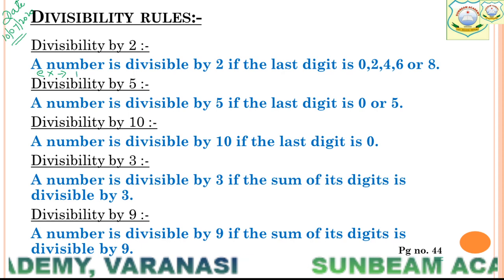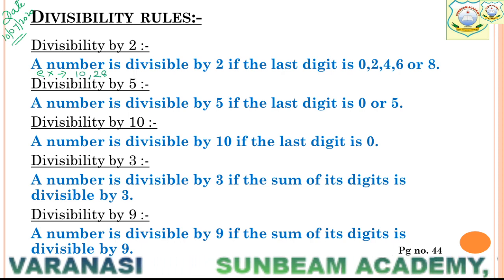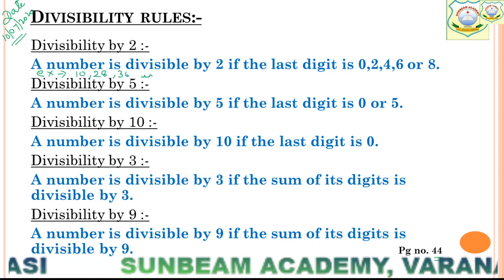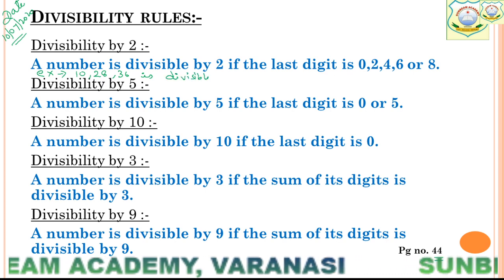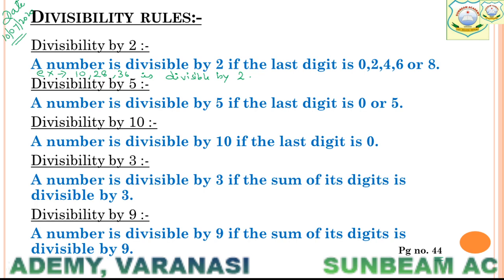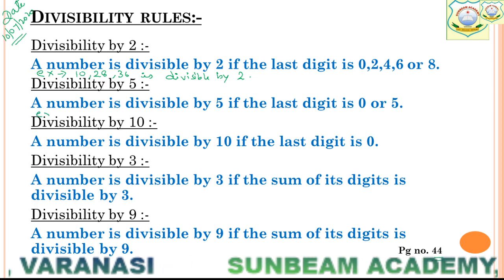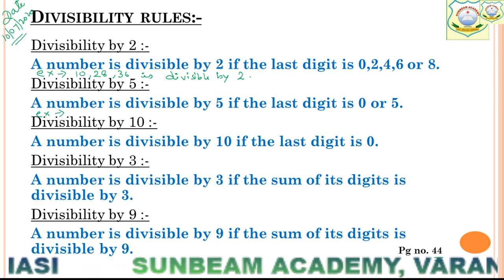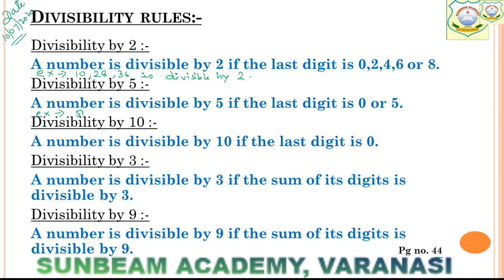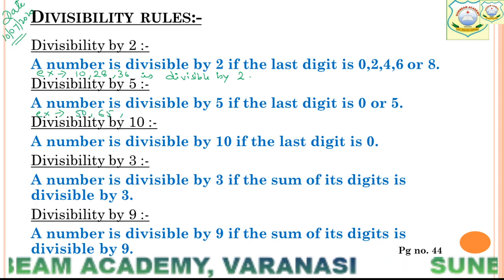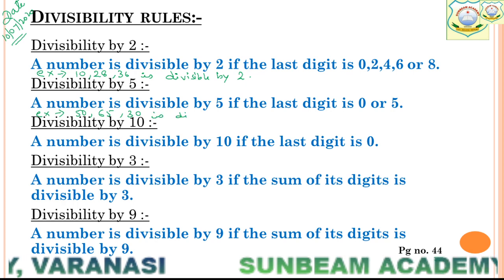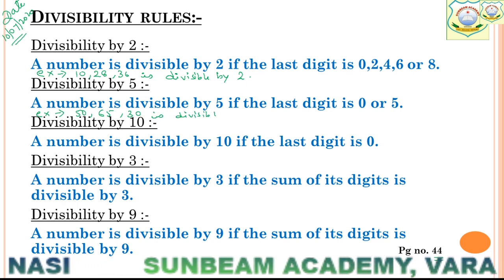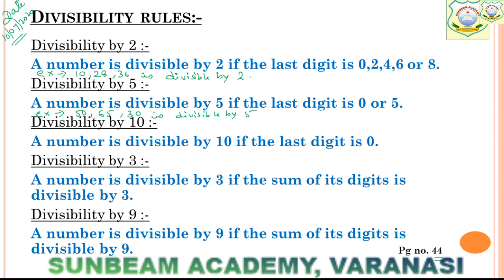For example, 10, 28, 36 are divisible by 2. Okay, now I am writing the example. You can note down from here also. Now 50, 65, 30 are divisible by 5.